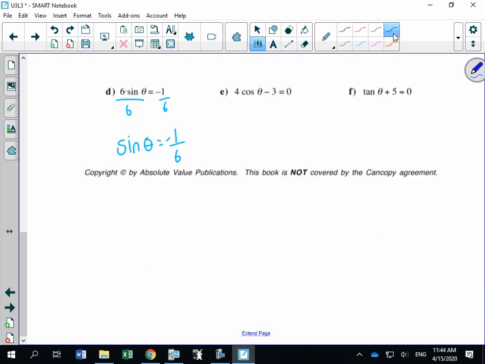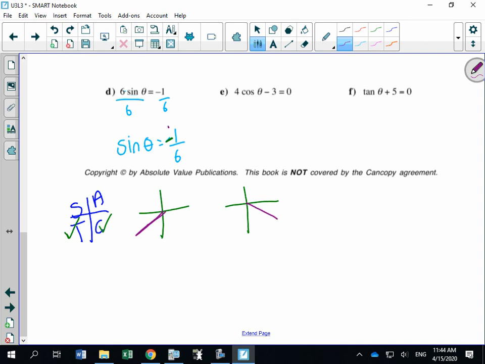Remember, according to the CAST rule, which two quadrants would my solution be in? Sine, they're telling me, is negative. So these are the two quadrants where sine is negative. I'm going to have one solution here, and I'm going to have one solution here.